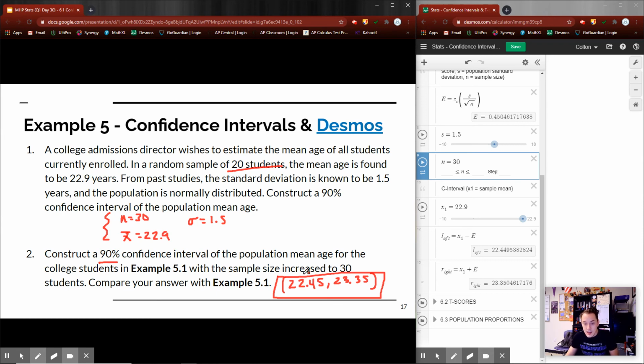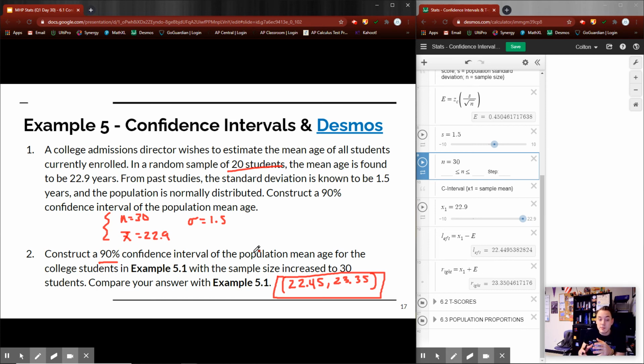As I said, if you increase the sample size, you'll get a smaller margin of error. So in this second one, since we increased the sample size, we get a smaller margin of error. What does that mean? That means we're going to be closer to the population, which means we don't need as much wiggle room in my interval.